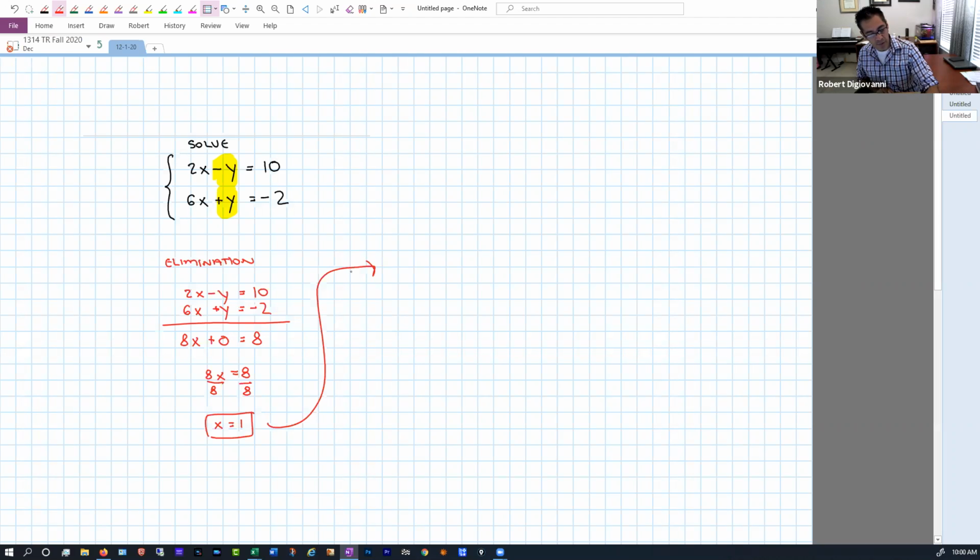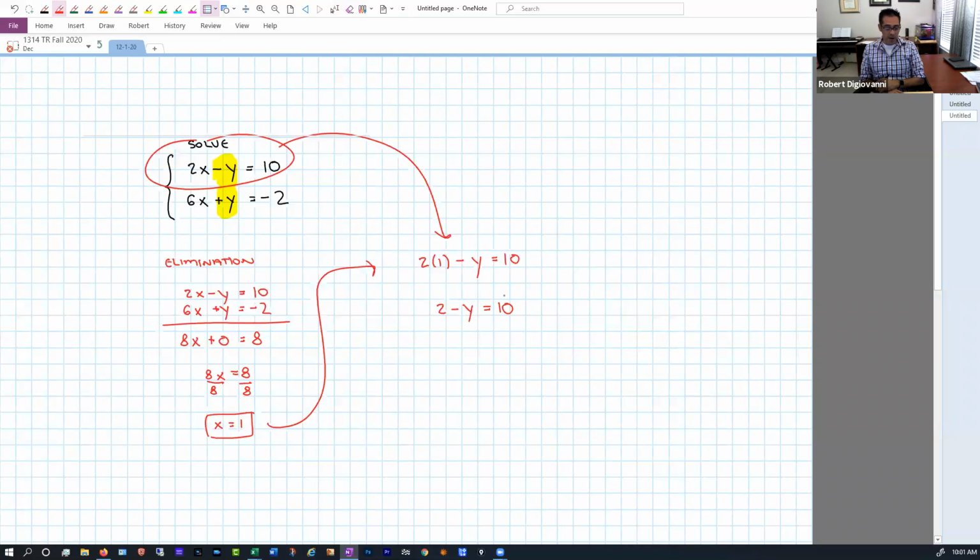Okay, so we're going to take the first equation, which is this one, and we're going to replace the x with 1. Okay, 2 times 1 minus y equals 10. And that gives me 2 minus y equals 10. Okay, we need to get y by itself here. So how about subtracting 2 on both sides?